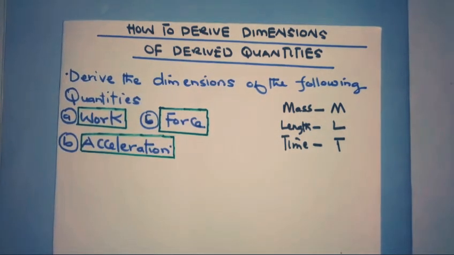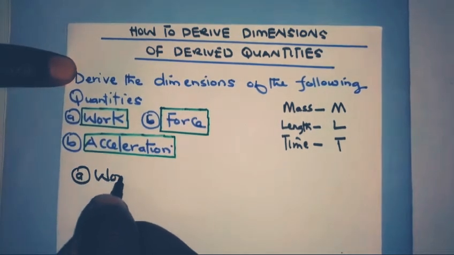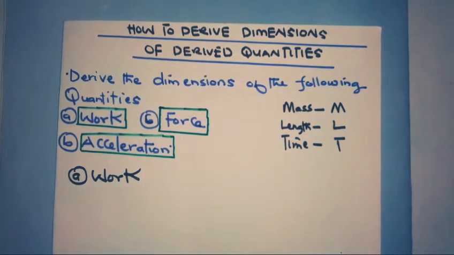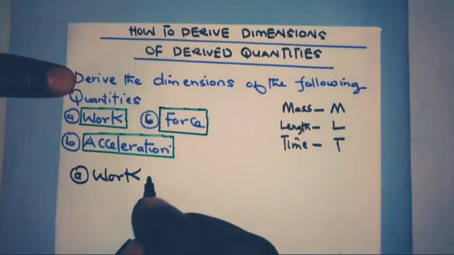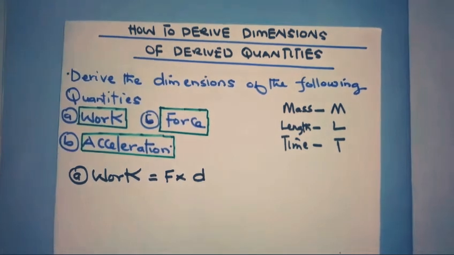The first one we see there is work. Now you cannot get the dimensions of these quantities without knowing the formula for them. So when you talk about work done, basically the formula for work done is force times distance. Can you see that? Force and distance.